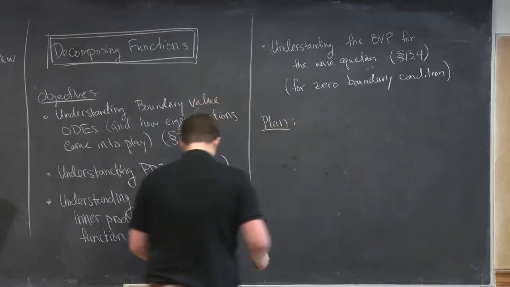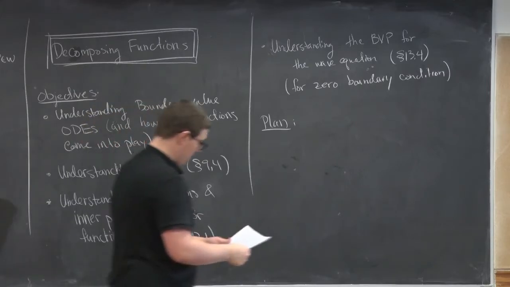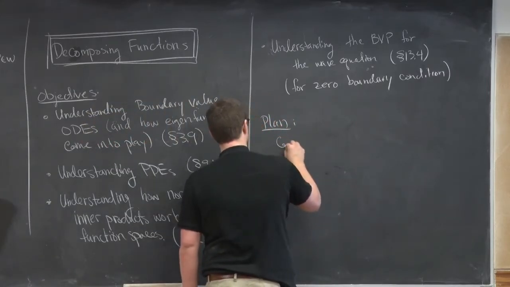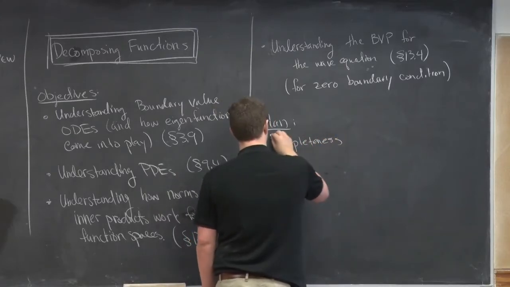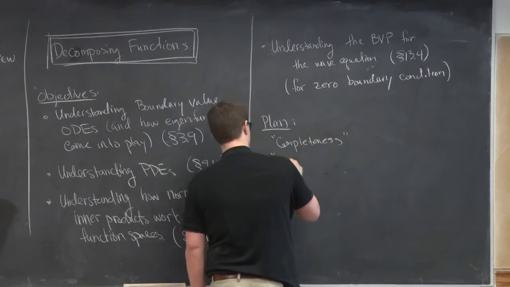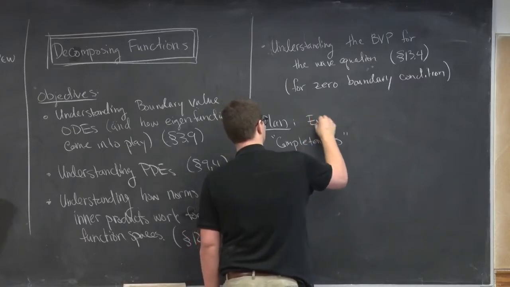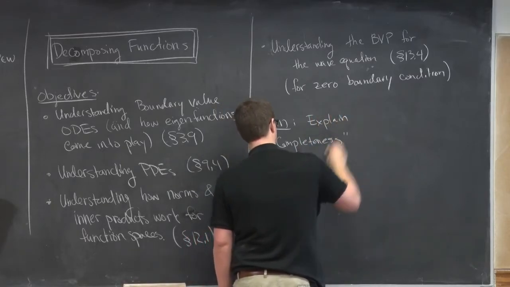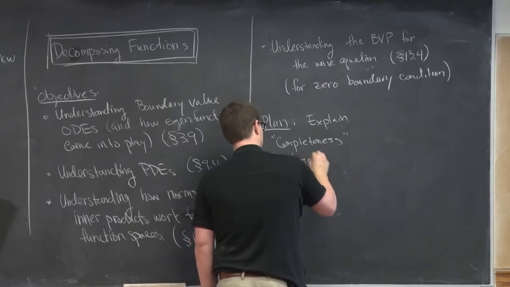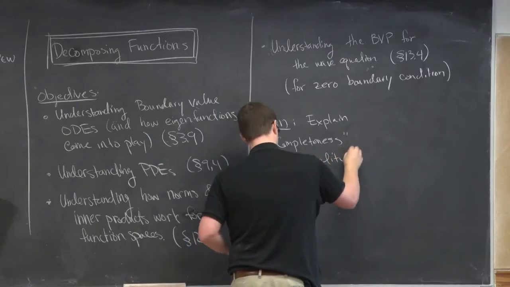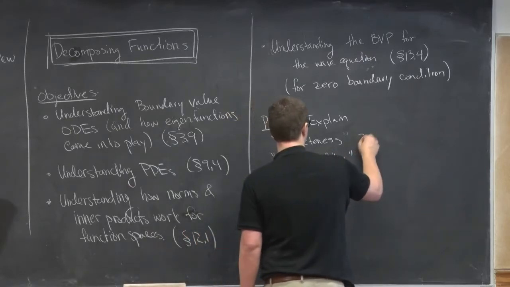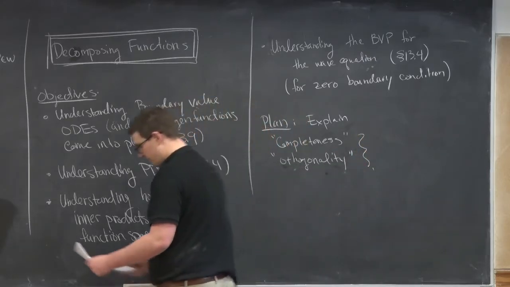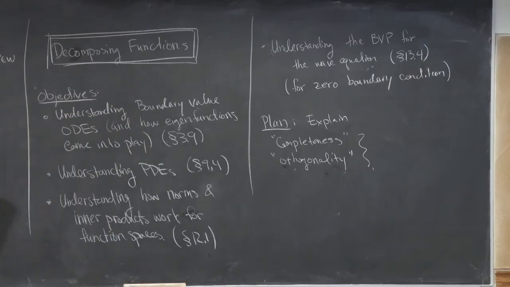And so the plan: I need to explain what some words mean. I need to explain these words, you know, completeness, what orthogonality means, so explain these words for these eigenfunction expansions.